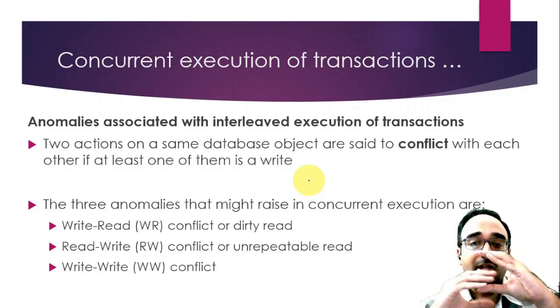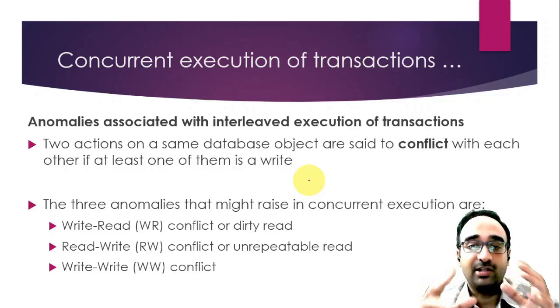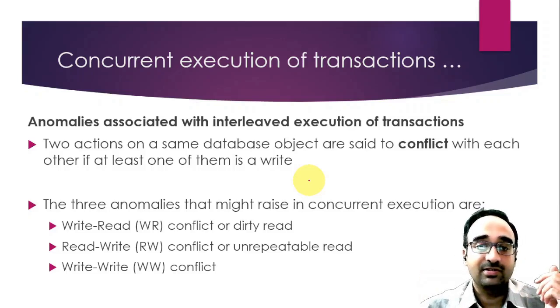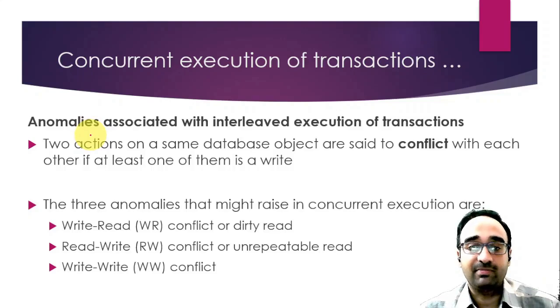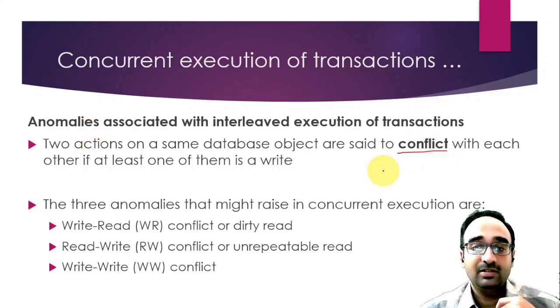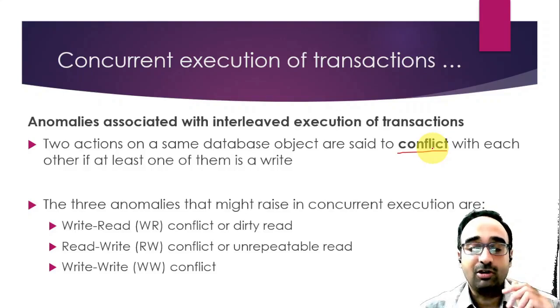Now when you have this interleaving of transactions, I told you that there will be some inconsistencies, or we can say anomalies. So what are these anomalies? These inconsistencies come because of conflicts. What do we call a conflict?